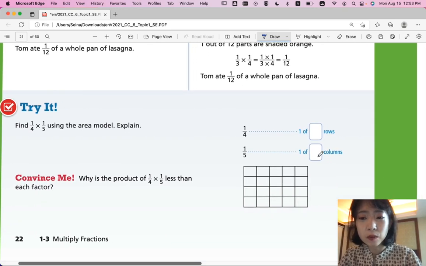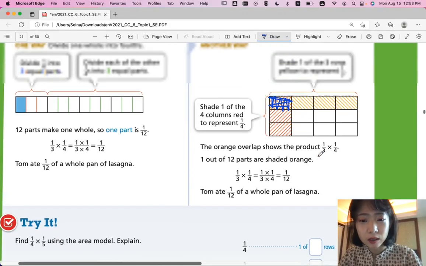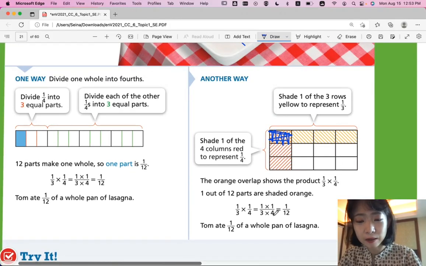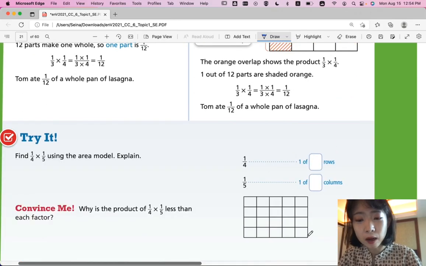Look at Example 1, see if you understood, and apply it for yourself. Find 1/4 times 1/5 using an area model. So the area model is the second method here. From the whole area 1, you're going to divide first into fourths and shade 1/4.